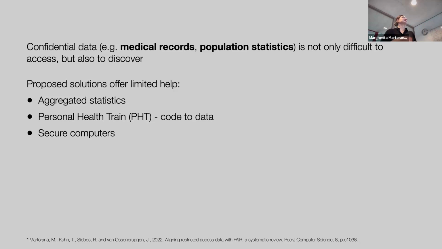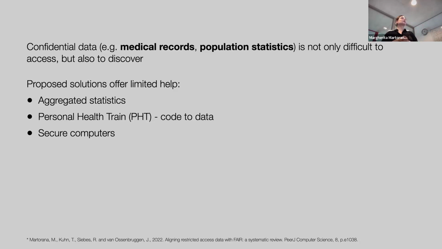There has been some, in a way, solutions to overcome the problem of confidential data, such as aggregated statistics, the personal health train, which I don't know if you know what it is, and the secure computers. But they do offer limited help in a way. Aggregated statistics, obviously, if you want to do something on the individual level, they're a bit useless.